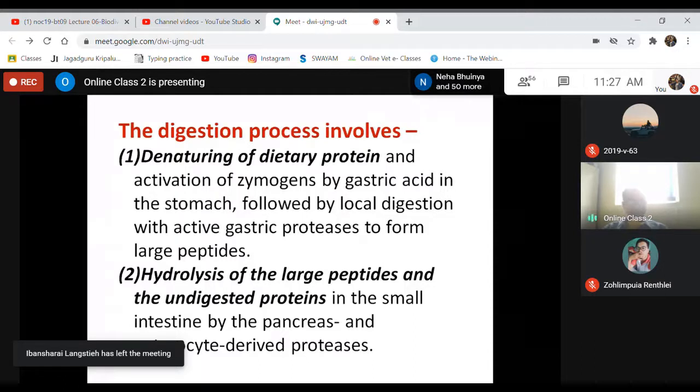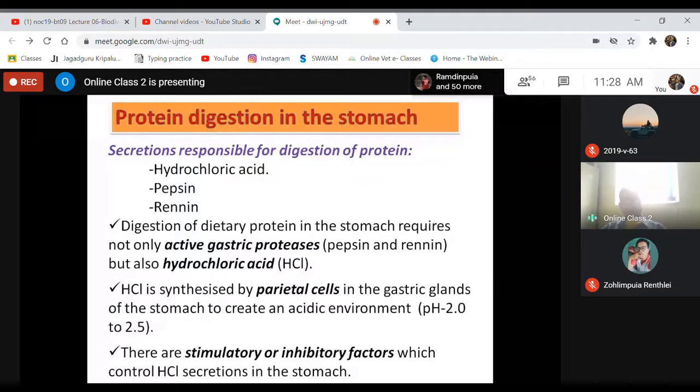Then hydrolysis of the large peptides and the undigested protein occurs in the small intestine by the pancreatic and intestinal proteases. So most of the digestion, as I told you, will occur in the small and large intestine. How is protein digested in the stomach?